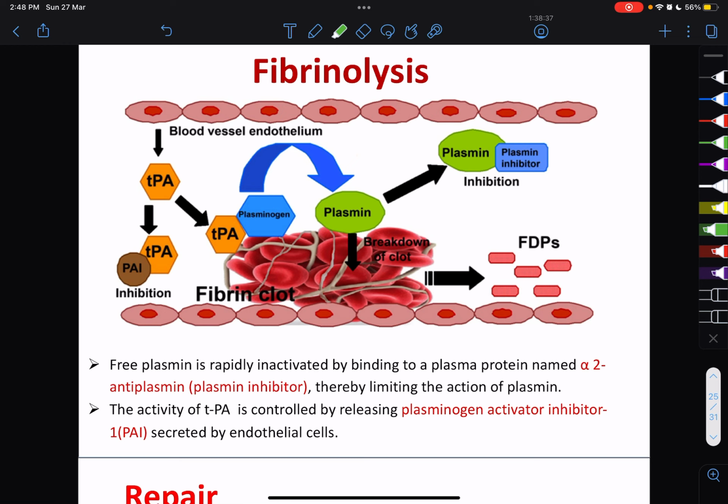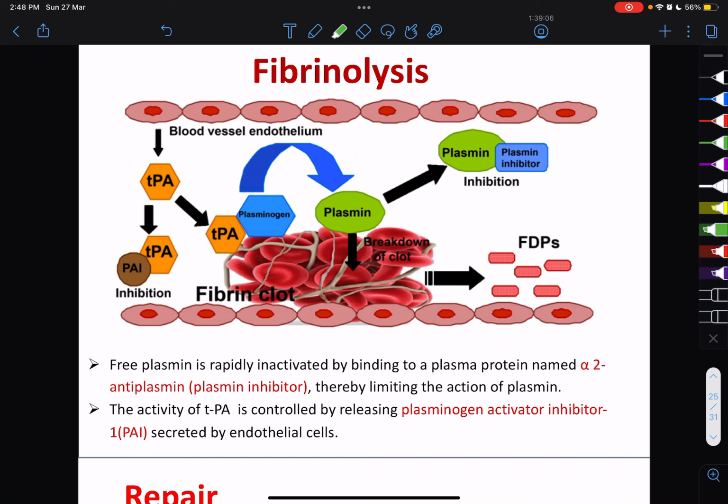So now, from the blood vessel epithelium, there is a factor released which is called TPA. Remember what TPA is? Tissue plasminogen activator. When it is released, look at that, alhamdulillah, there is a controller of the TPA also, so that too much TPA is not formed. You have to control that also. What is that substance? PAI.